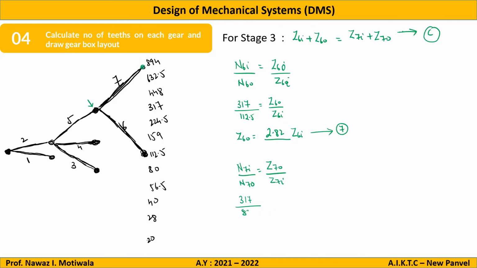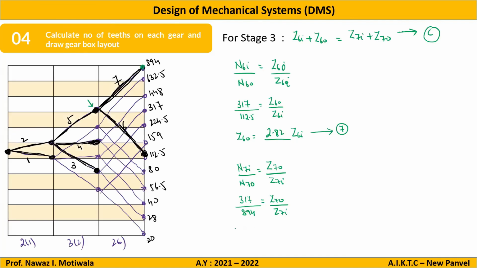So divided by 894 is equal to Z7O upon Z7I. So Z7O is equal to some times Z7I, and I need the answer for this. 0.35. Okay, 0.35.